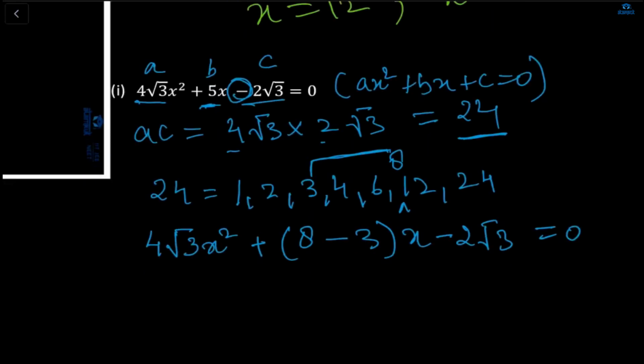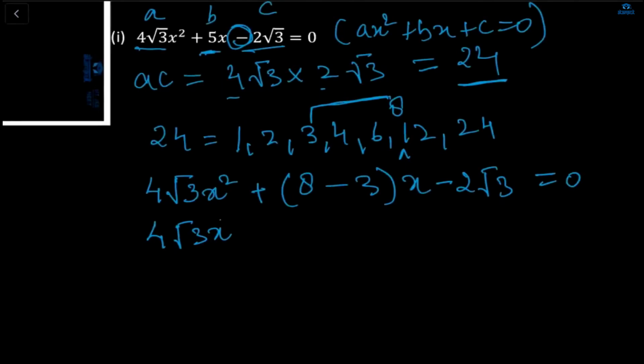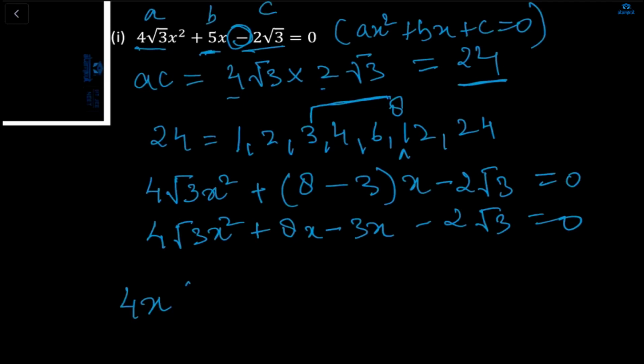Okay, so it will give you again 4 root 3 x square plus 8x minus 3x minus 2 root 3. We are going to take the common. If we take common in these two terms, it will be 4x, so it will be root 3 x plus 2. And here you have to take minus common and root 3 will be taken common.